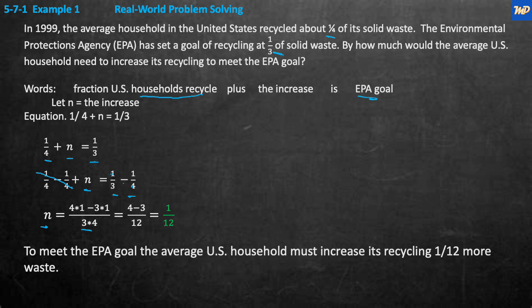When we do that, we get 4 minus 3 over 12, and 4 minus 3 over 12 is 1/12. To meet the EPA's goal, the average household must increase its recycling by 1/12 or more solid waste.